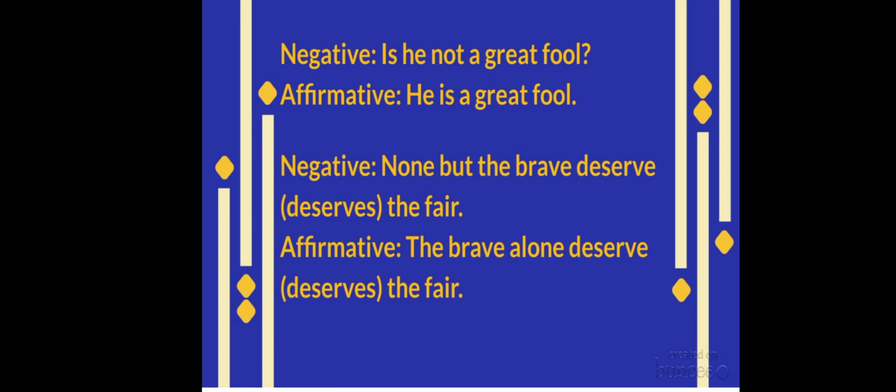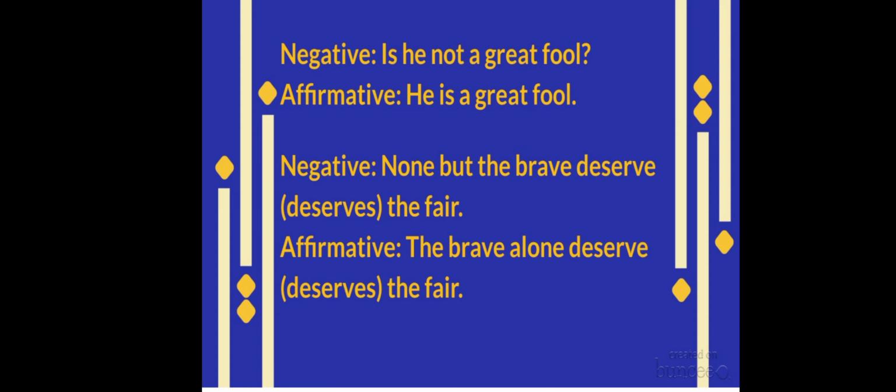If there is any person, then none but. If there is anything, then nothing but. If there is any number, then not more than or not less than. So here, brave refers to a person, so none but is used. What you have to do is replace none but, and use here only, alone, or merely, whichever is suitable. So we have used here alone. So the affirmative sentence is: the brave alone deserves the fair.